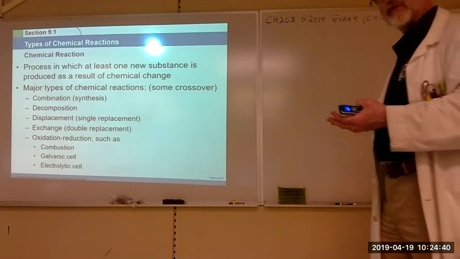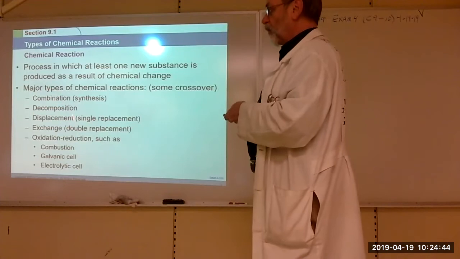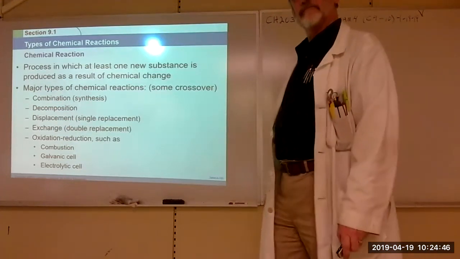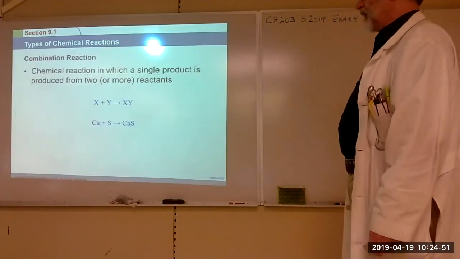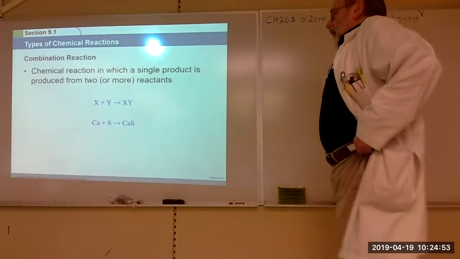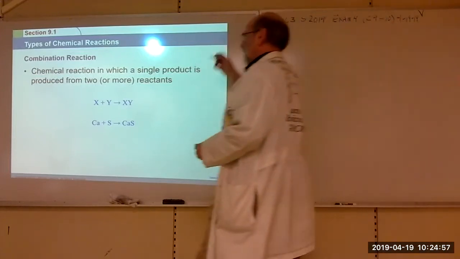And one other thing to remember is that a chemical reaction can fit into more than one category. Okay? So if we have a combination reaction, sometimes we call that combination.